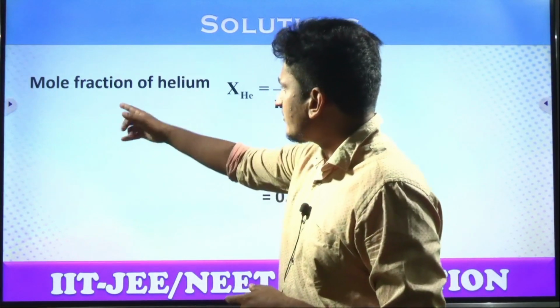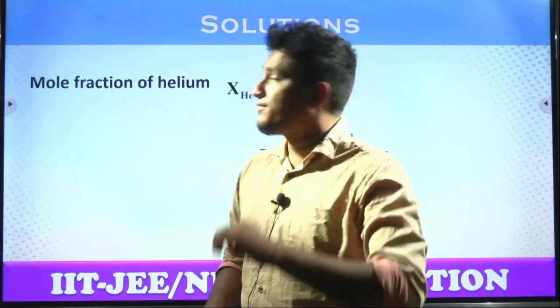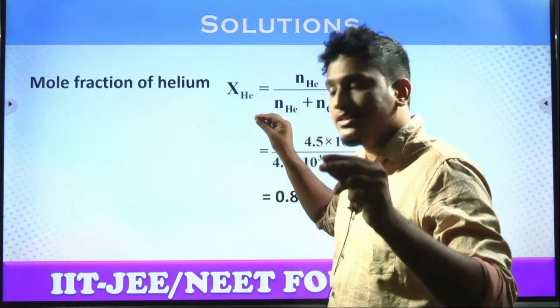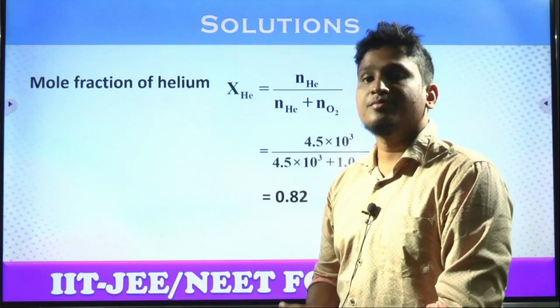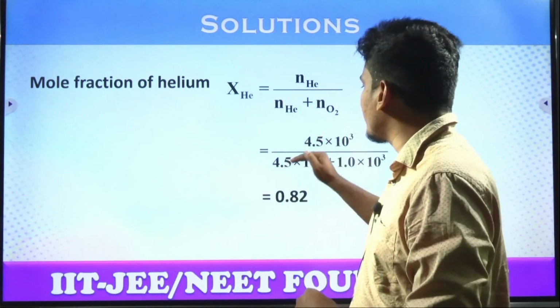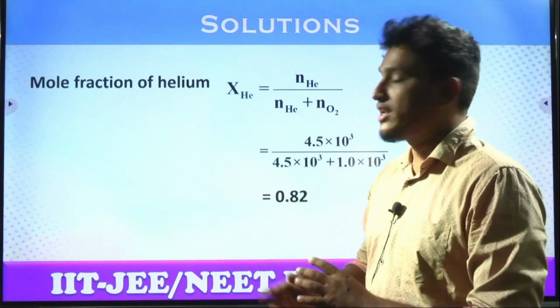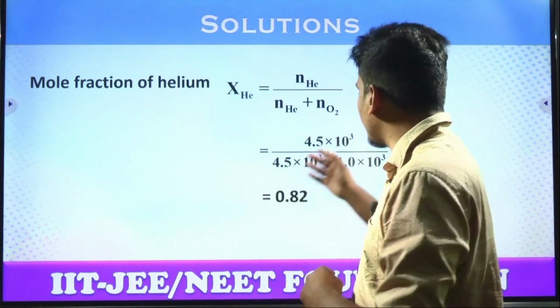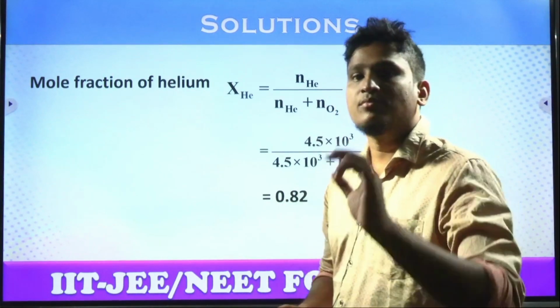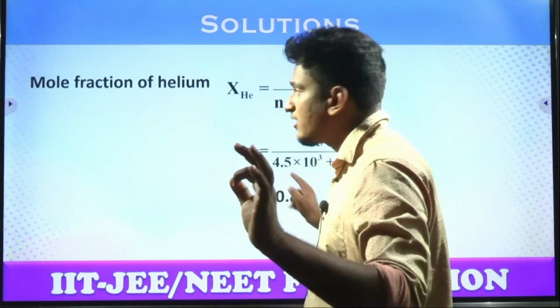Mole fraction of helium is number of moles of helium divided by number of moles of helium plus number of moles of oxygen. That is 4.5 × 10^3 by 4.5 × 10^3 plus 1 × 10^3. The 10^3 cancels out, so we get 4.5 by 5.5, which is 0.82. This is the mole fraction of helium.